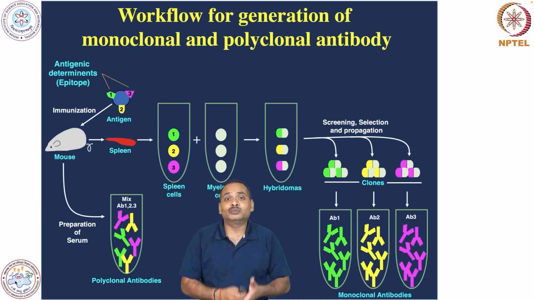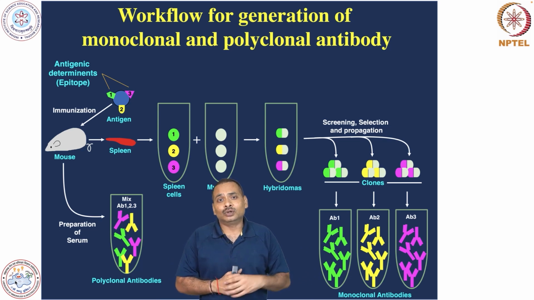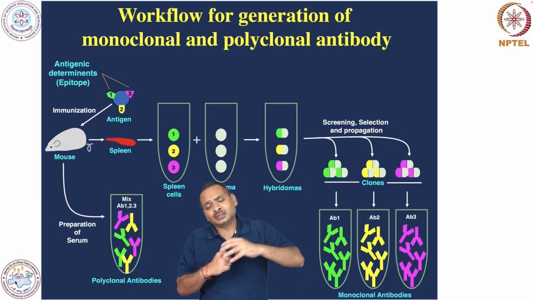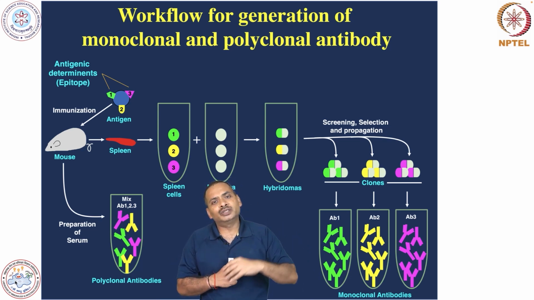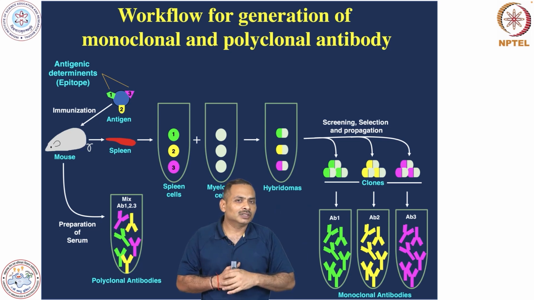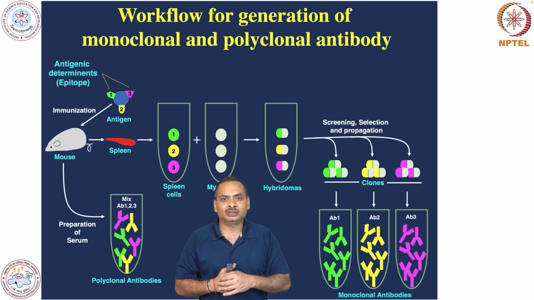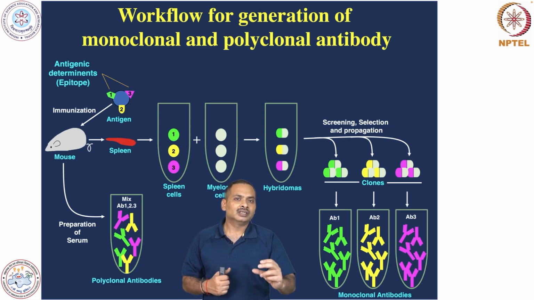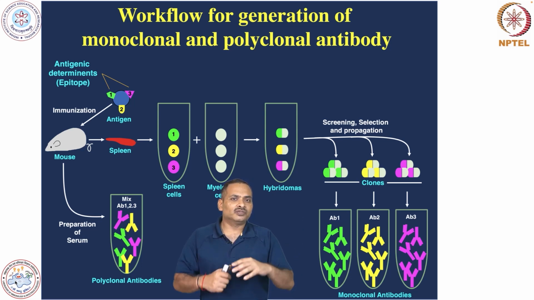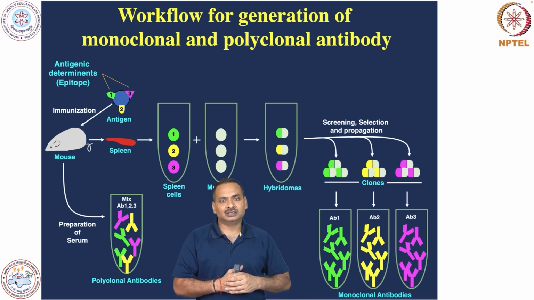The molecular weight is the same; only the affinity of the antibody with that particular epitope differs. I am not saying it is practically impossible, but it is extremely difficult to isolate one kind of antibody from the mixture of antibodies. But this is a very simple method.